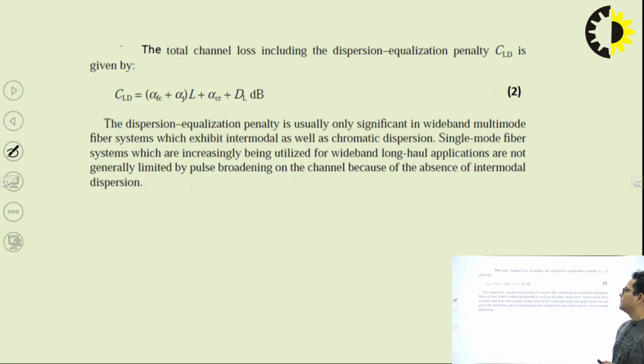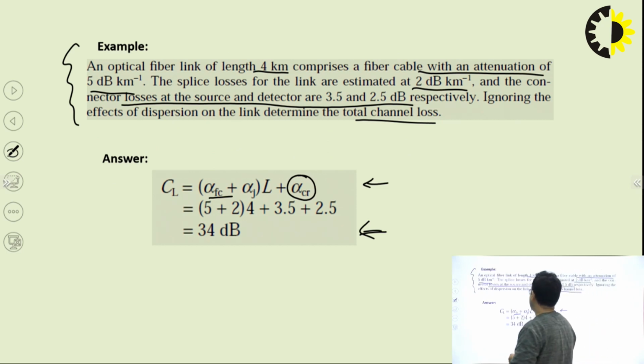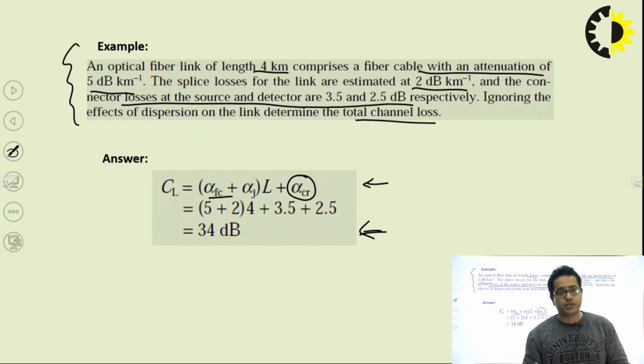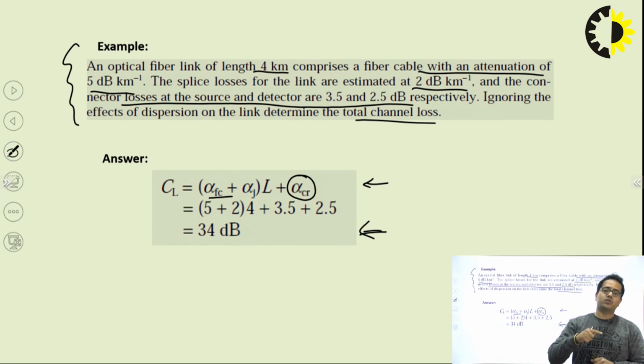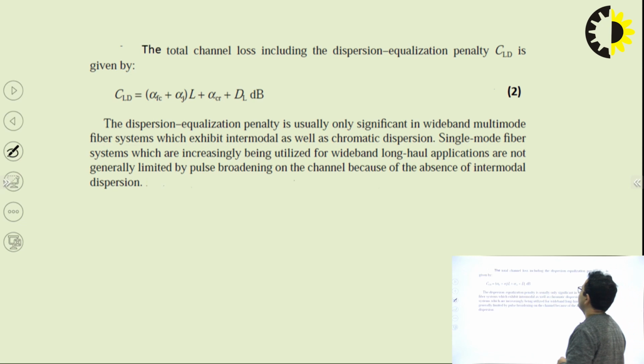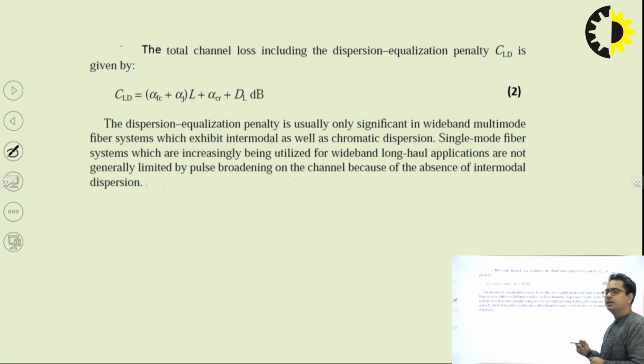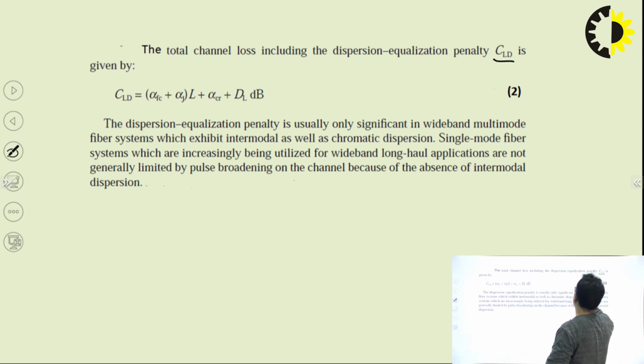STs. Now this is the formula that we have calculated by considering that there is no dispersion equalization. What if there is some dispersion? If there is some dispersion, definitely because of that there will be some attenuation, so we have to incorporate that attenuation also. That is given by this formula, the total channel loss including the dispersion equalization penalty, which is given by CLD.